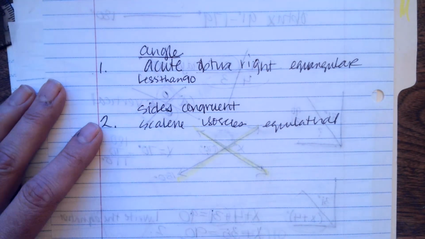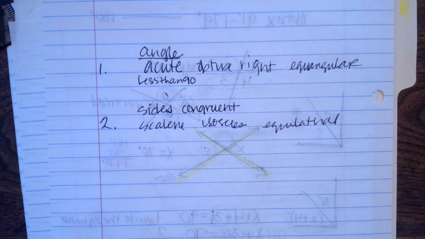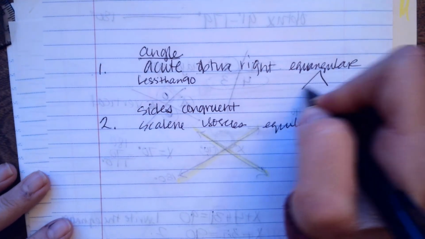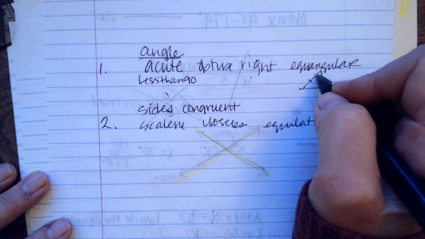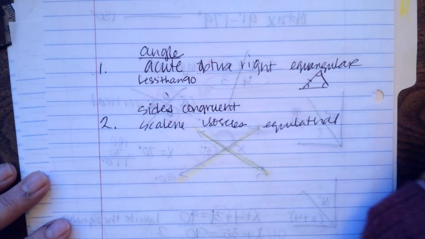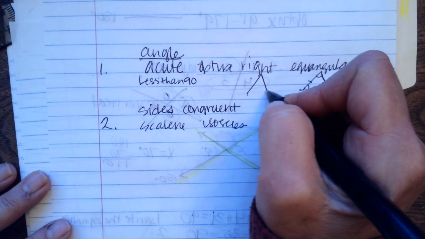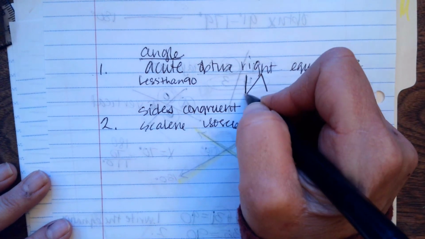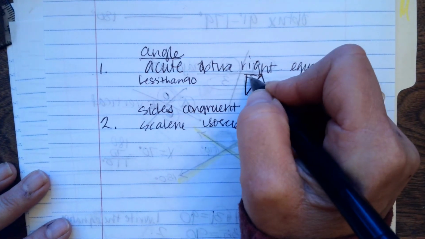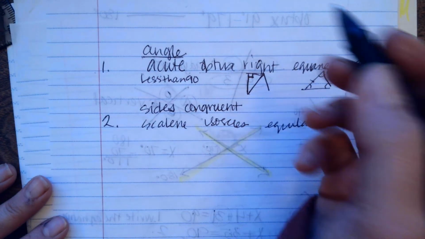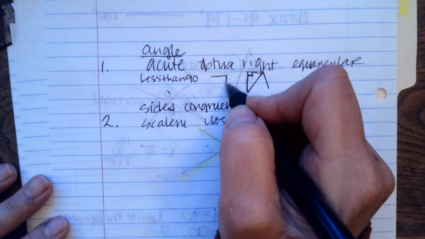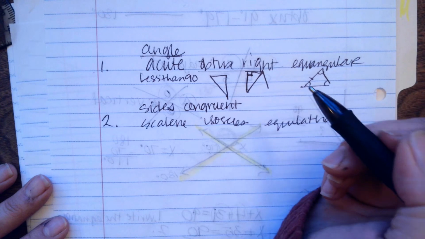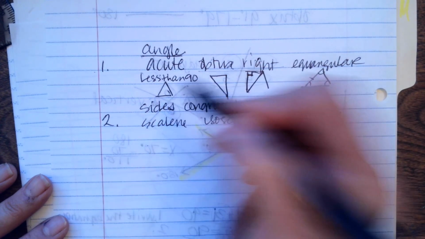And what is an equiangular? All three angles are equal. I can't draw triangles very well, I'm sorry. This would equal a right angle, and then an obtuse would be kind of like a long one, and an acute would be like this.